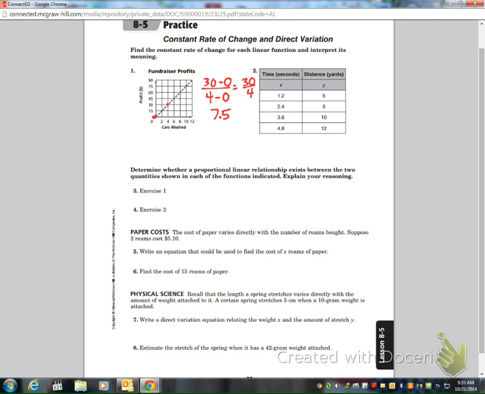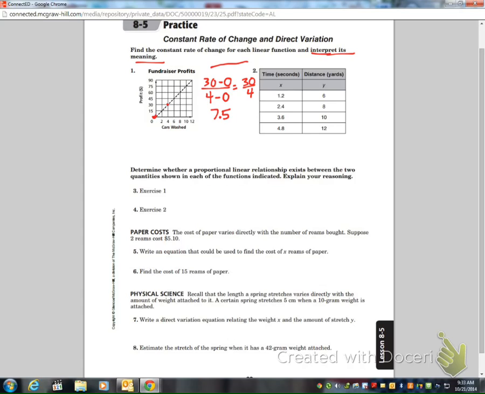Now, the second part of this question, which is important, you can't just find it. It says, and interpret its meaning. That's important. What does 7.5 being our rate of change mean? No one?